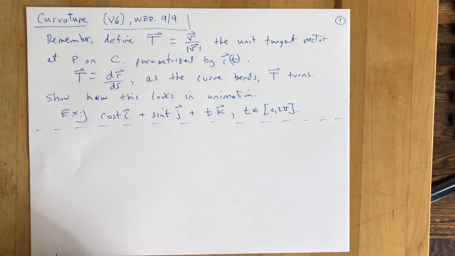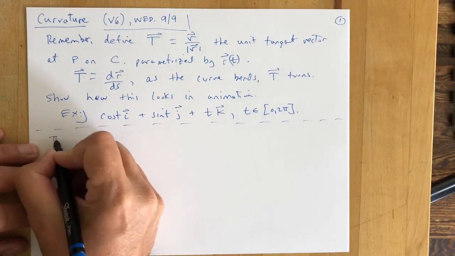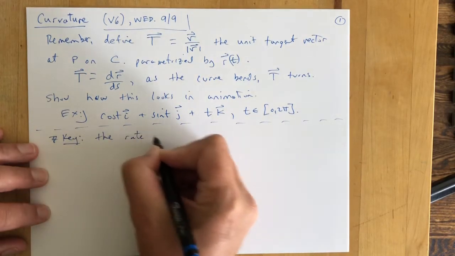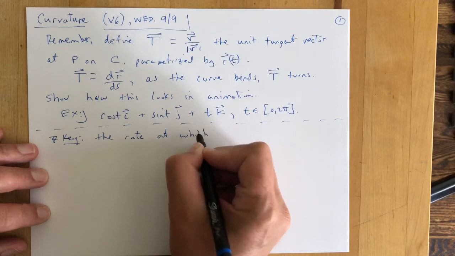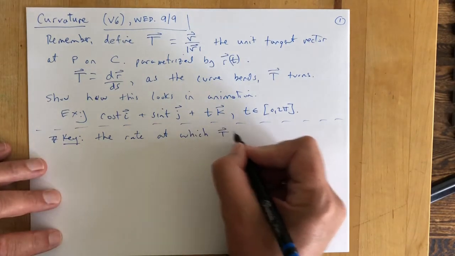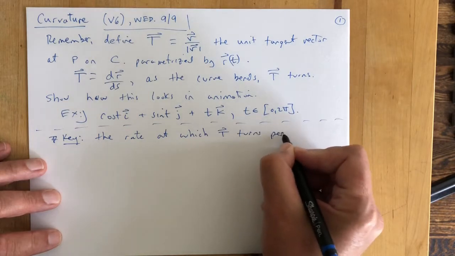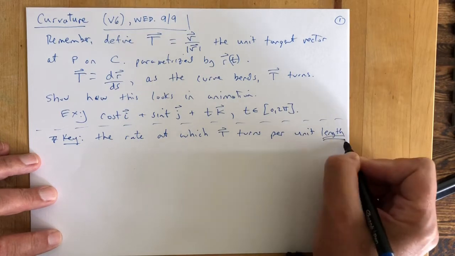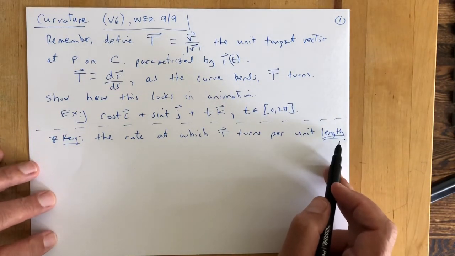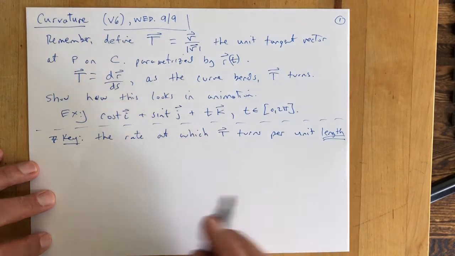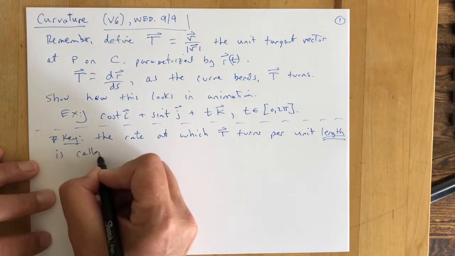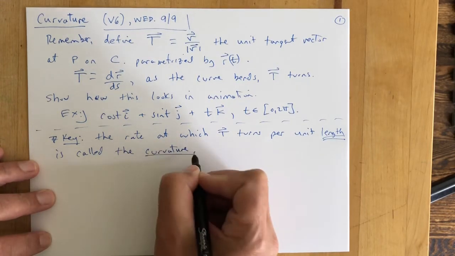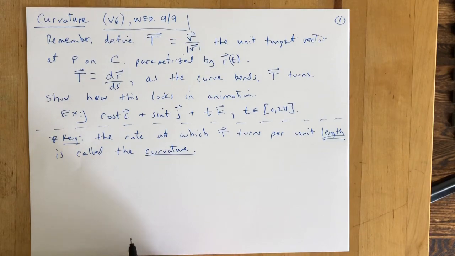So the rate, this is key, the rate at which T turns per unit length, not time, per s. So the rate at which T turns per unit length is called the curvature. And the number measures bend, okay?